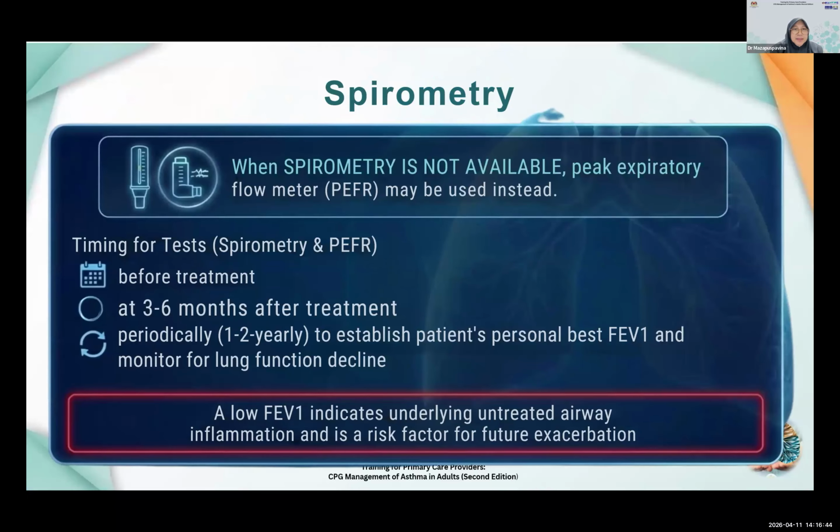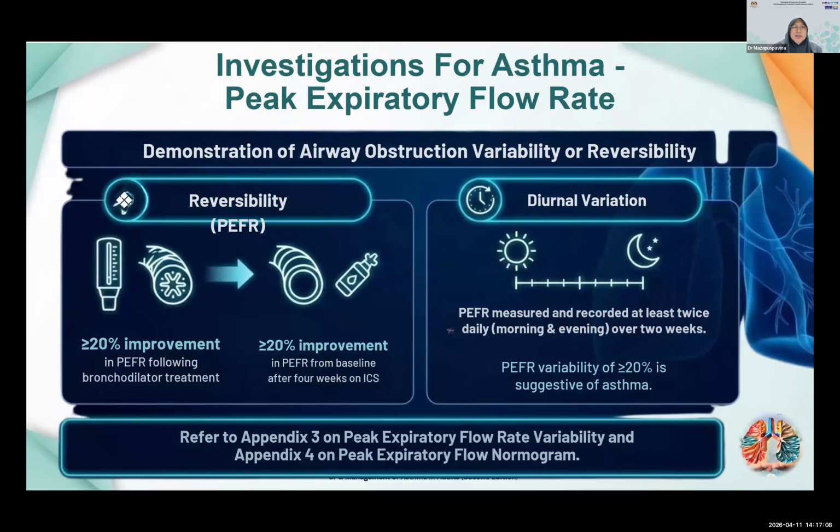Before treatment, meaning you need to test the patient, and then during follow-up at 3 to 6 month intervals, and sometimes periodically when the patient may be stepping up or is uncontrolled, so you need to reconfirm again. Okay. So a low FEV1 indicates underlying untreated airway inflammation and is a risk factor for future exacerbation.